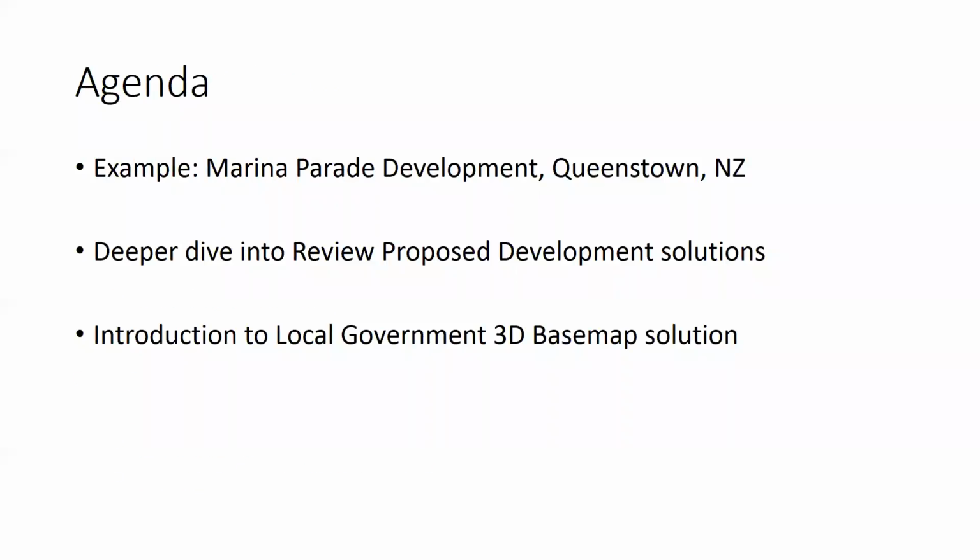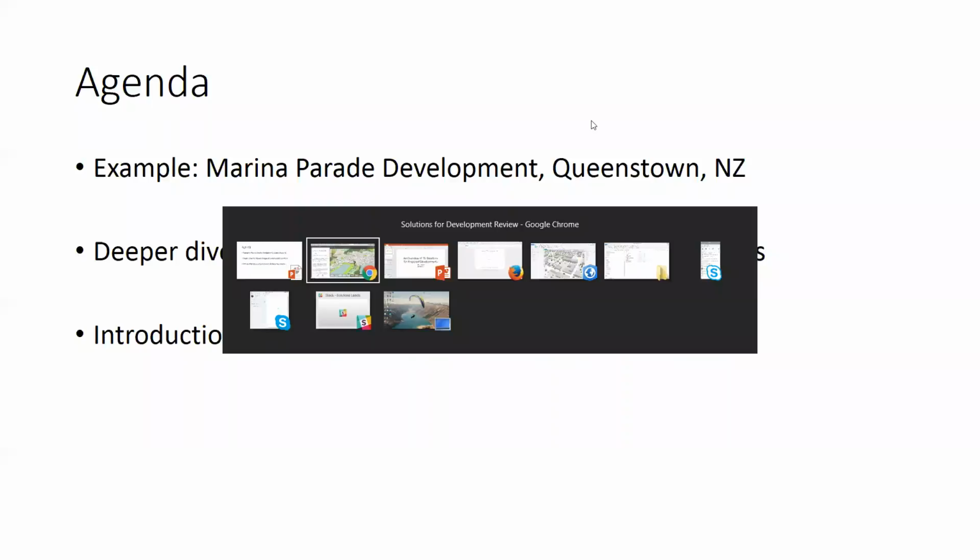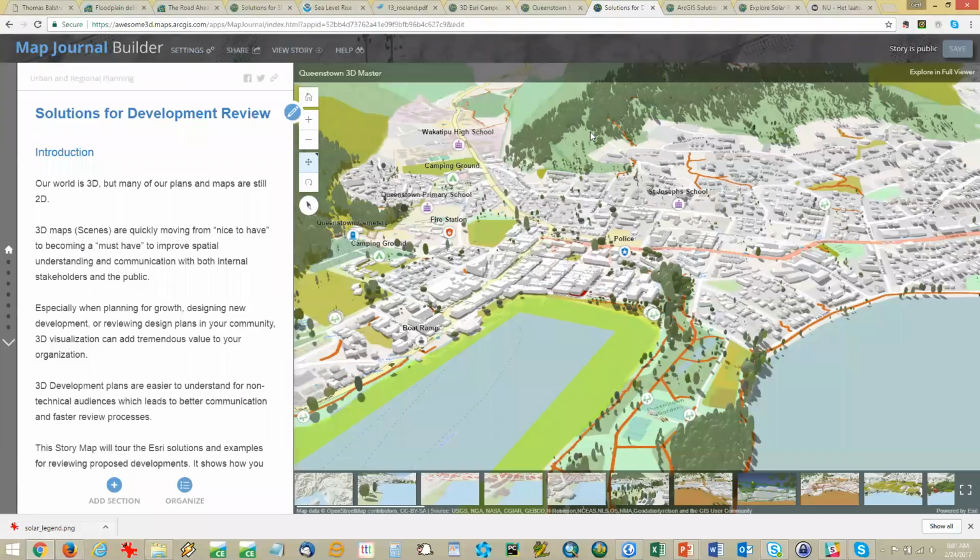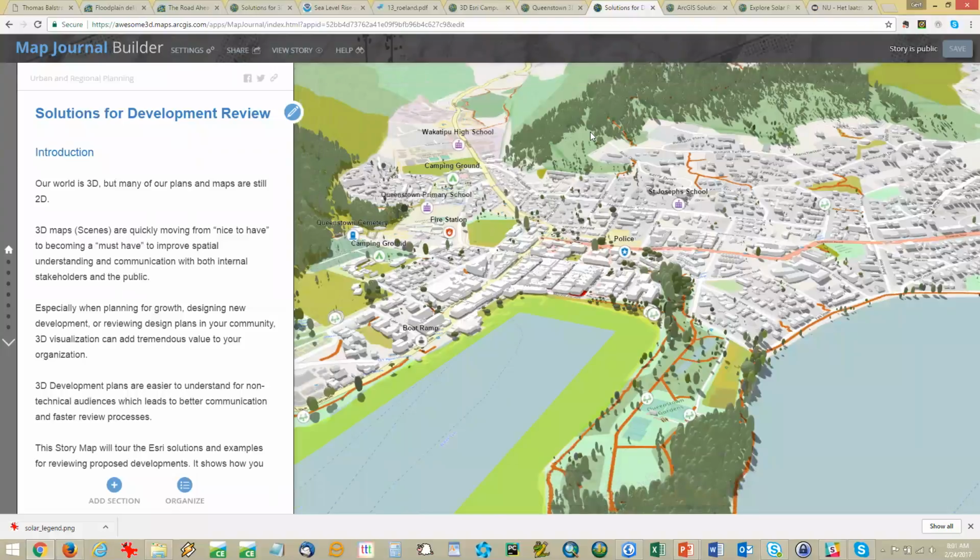So let's start with the example. Here we have a story map of Queenstown in New Zealand. And what we see straight away is a 3D view of our city. What we've noticed over the last couple of years is that 3D is becoming more and more important for local government.